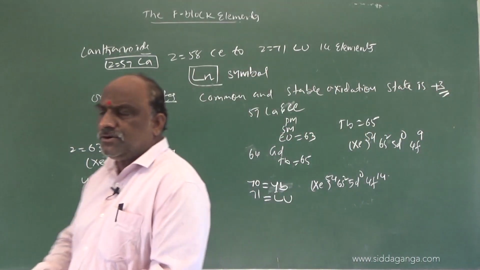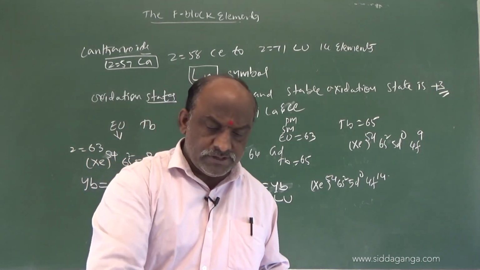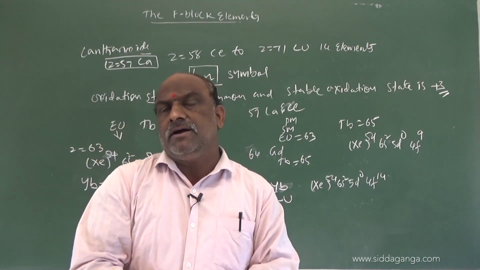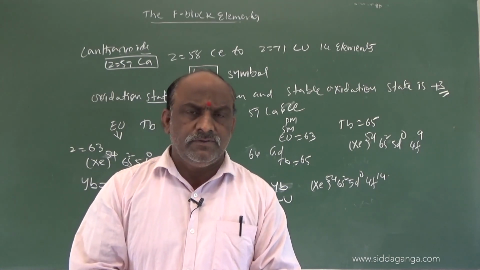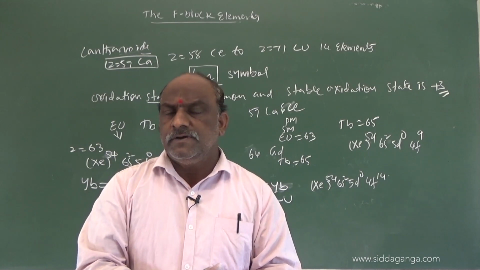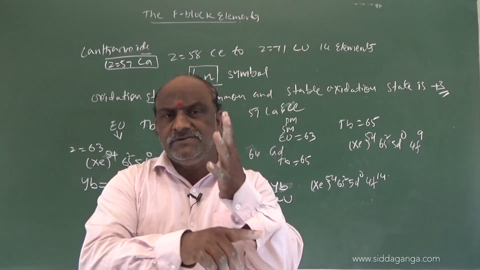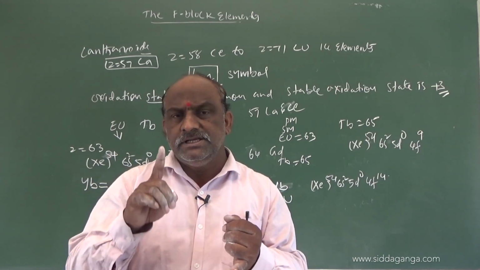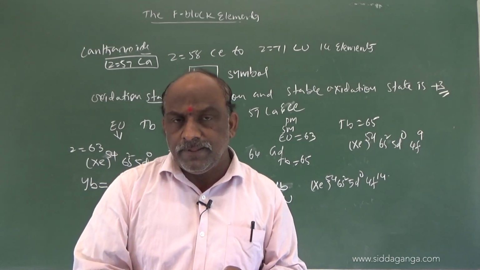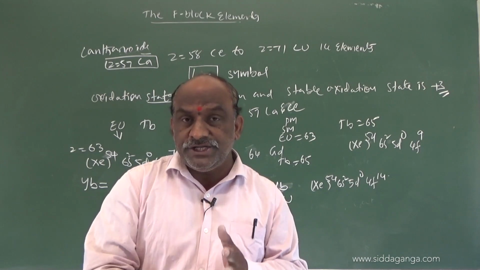So to avoid these confusions, we have to make one plan. According to the plan only we have to go forward. That's why I said 57, 64, 71. 57 lanthanum, 64 gadolinium, 71 lutetium.